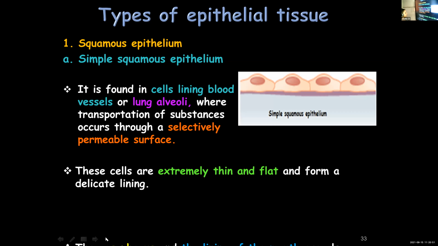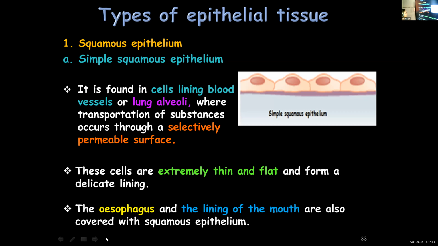And this epithelium is extremely thin and flat, and it forms a very delicate lining. This point is very important. Why is it very important? See, here it is written: it's very thin and flat and forms a delicate lining. And it is through this squamous epithelium that the exchange of materials is taking place.